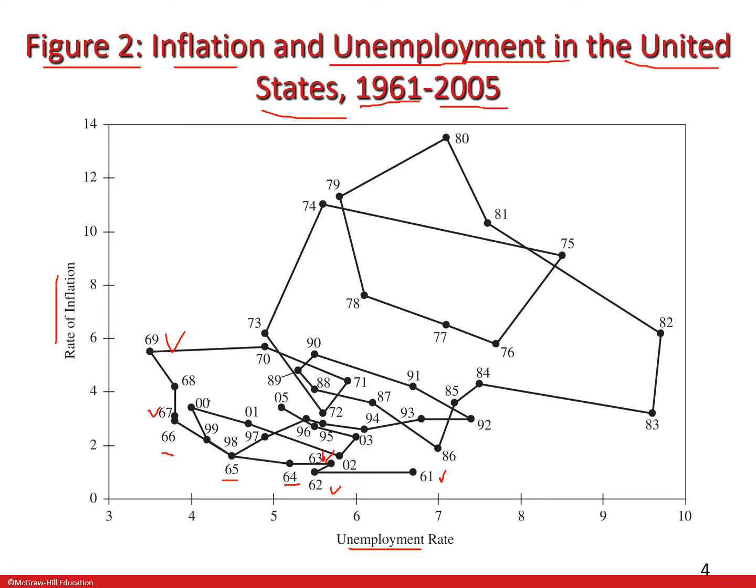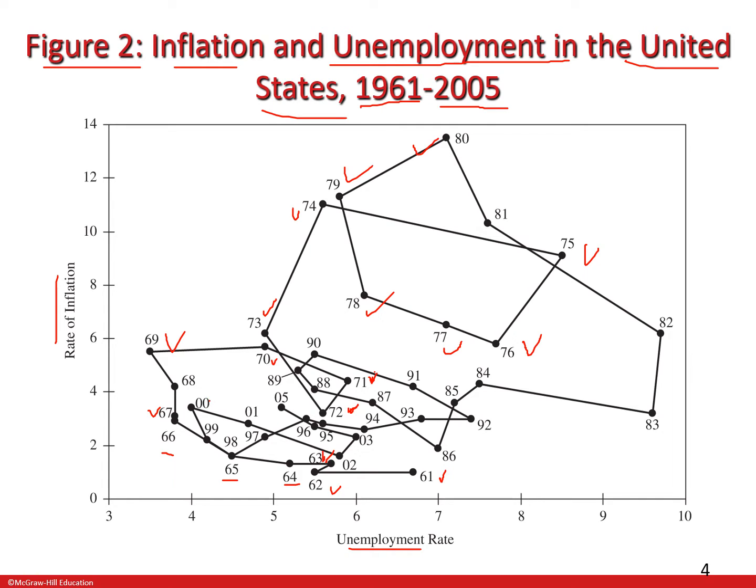In 1970, the unemployment was about 5.9%, with inflation at 4.9%. Then 71 is right here, and 72, and then 73 right here, then 74 went up, 75 right there, 76, 77, 78, 79, and 80.